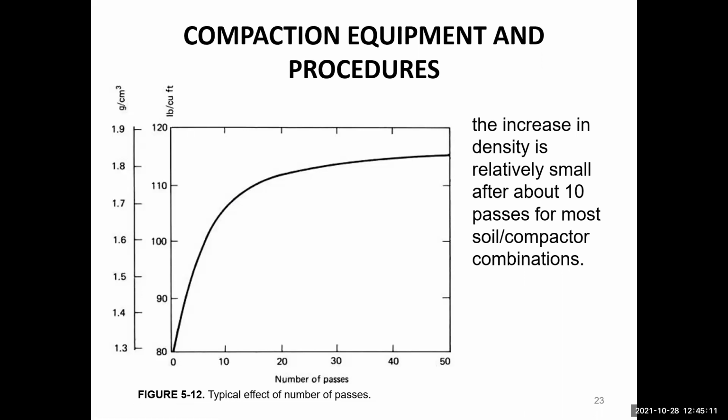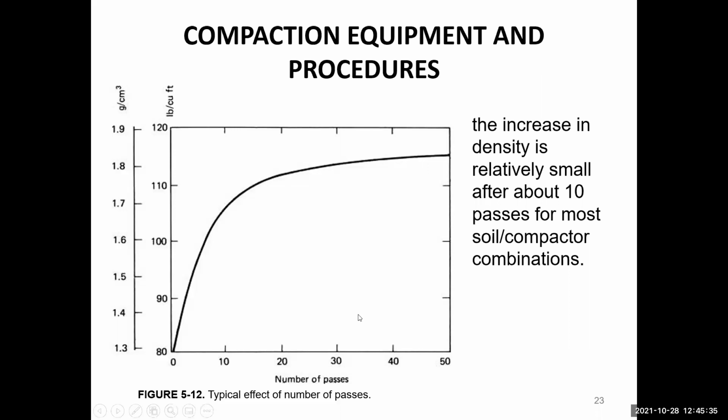Therefore, in order to avoid extra effort, we have to choose equipment with which we can achieve the required density in fewer passes than may be required by some other equipment.